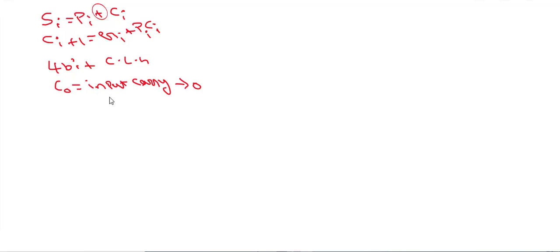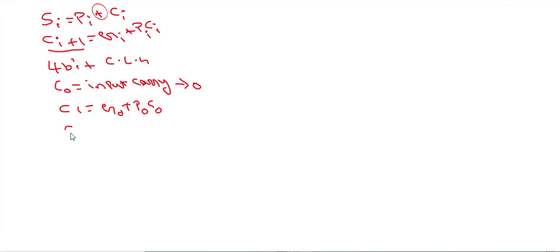When you take C1, apply the formula for C i plus 1, so C1 is G0 plus P0 into C0, where C0 is the input carry, P0 is the propagate of the first bit and G0 is the generate.